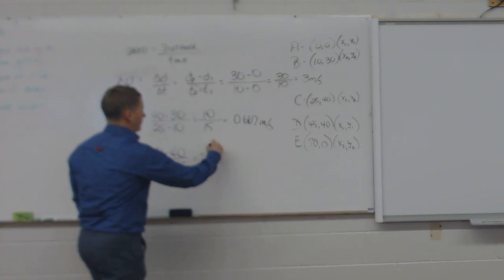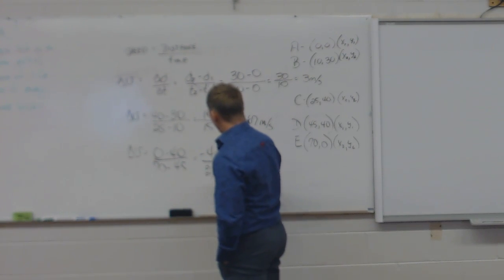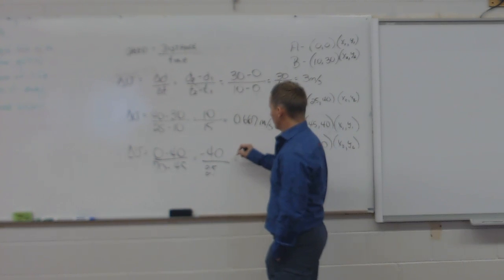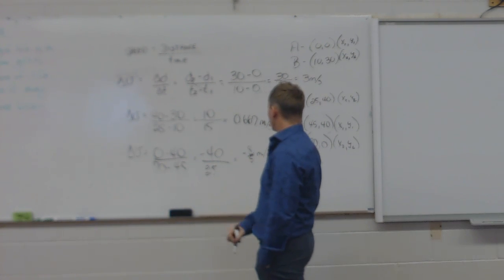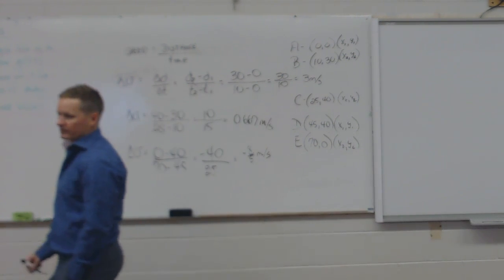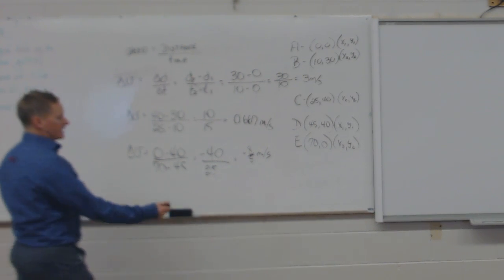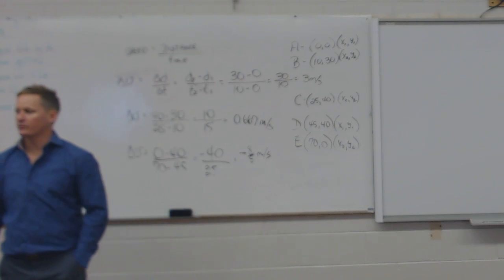So I've got a negative 40 over 25, which is what, minus 8 over 5, meters per second. Okay, so 1.6 meters per second. And the negative in this case shows that I have gone back in the opposite direction to what I started.